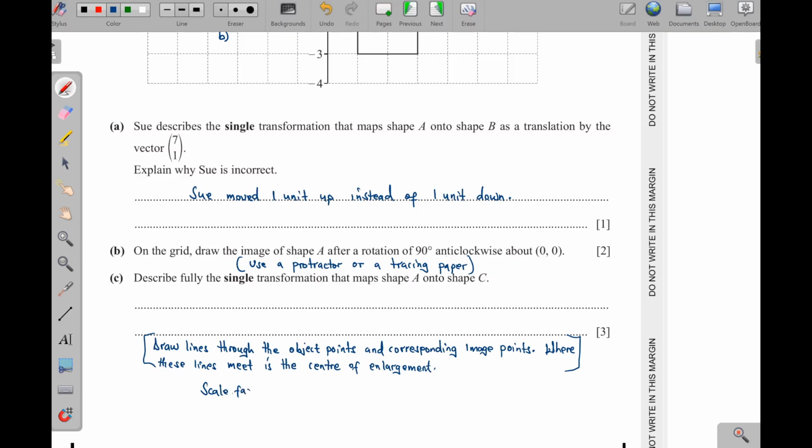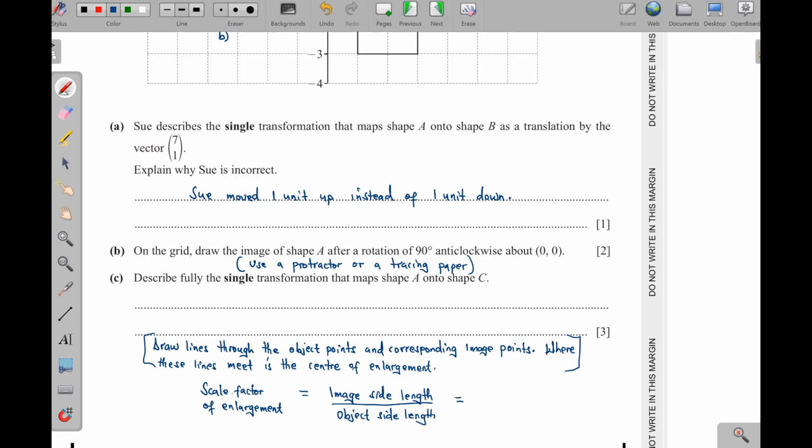How do we find it? Scale factor of enlargement. There are 2 methods you can use. One is you get the image side length, then you divide by the object side length. So what did they multiply in the side length of the object to give you the image?